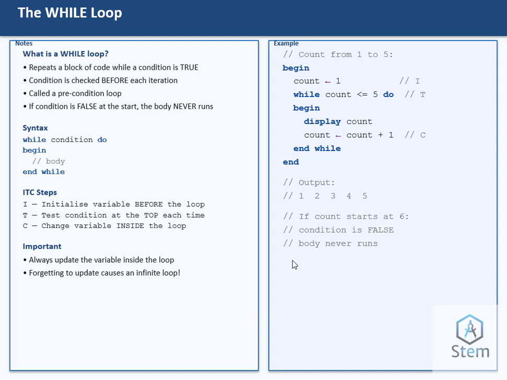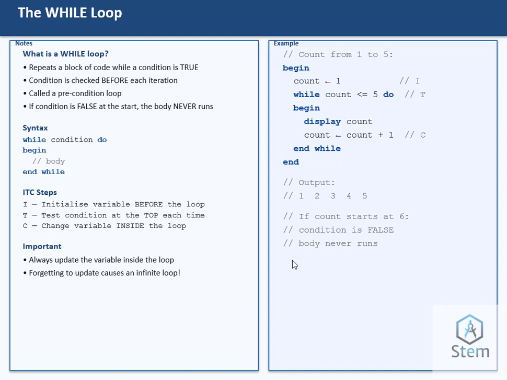So you keep monitoring a particular condition. Instead of counting how many iterations, you just monitor a condition and see when it becomes what you want, then you can stop iterating. Otherwise, you keep iterating.